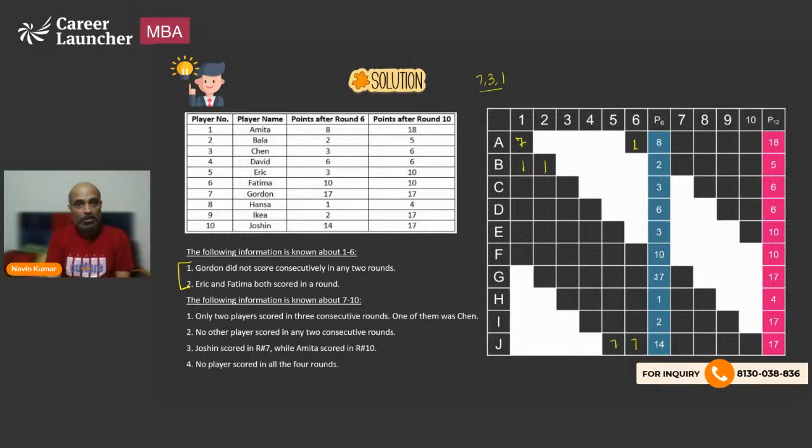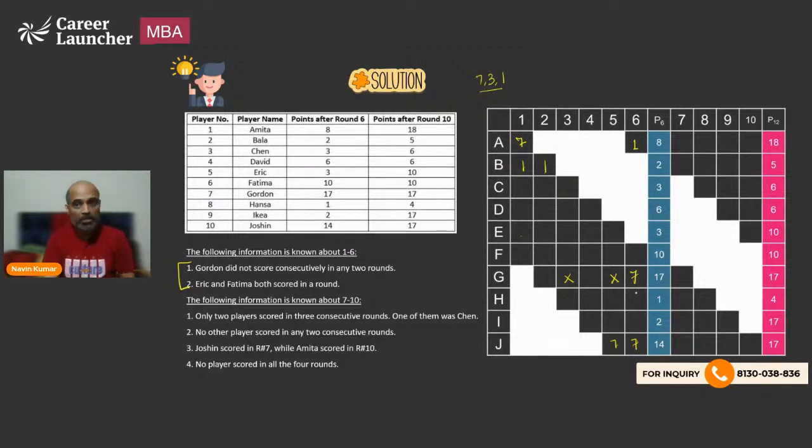Now, since it cannot be consecutive, can we say it is going to be alternate? And the only alternate possible is this. Now, which one is going to be 7 and 7 and which one is 3? The only thing that we can say is this cannot be 7, so this has to be 3. Why? Because if I put 7 here, in round number 6, 2 people get 7 score.